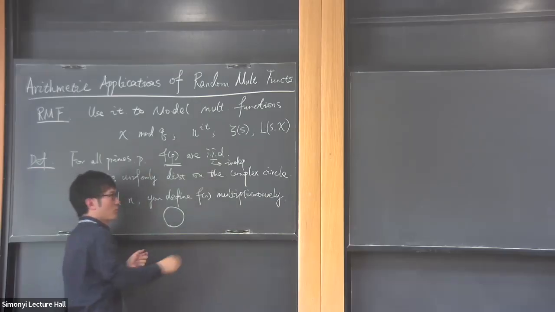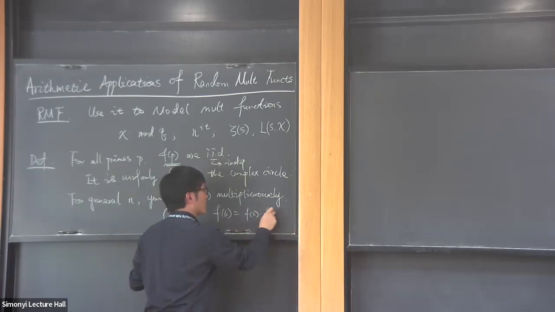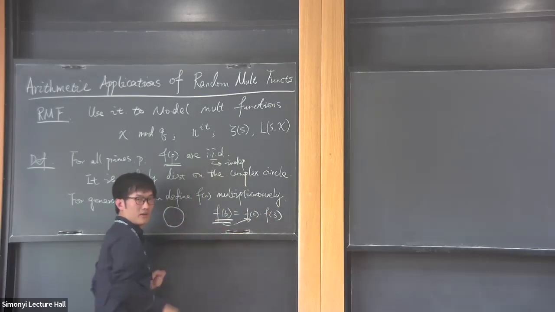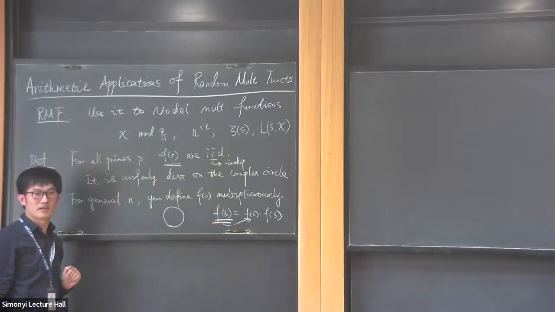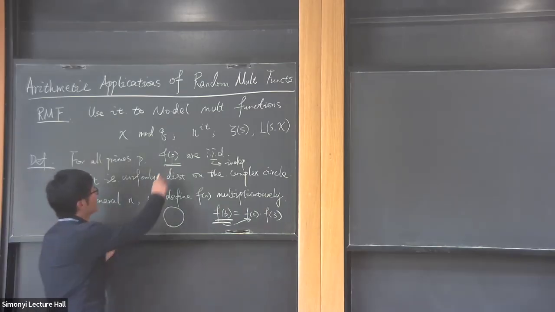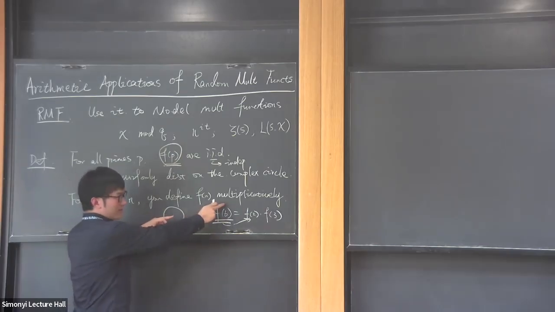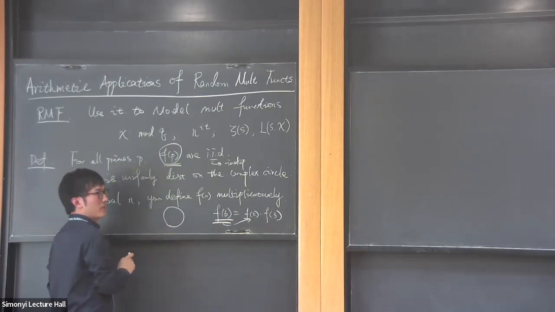So f(6) will be f(2) times f(3), so f(6) depends on f(2), of course. So f(p) itself is independent. On the primes, it's a random variable indexed by p on the unit circle, with uniform distribution on the complex unit circle.